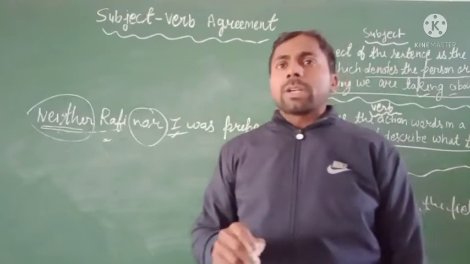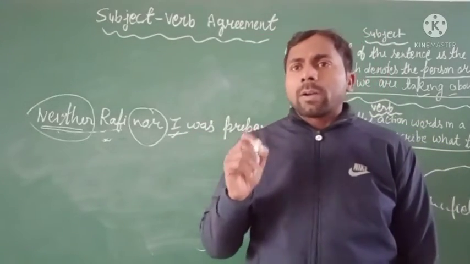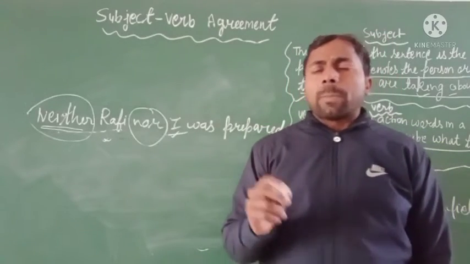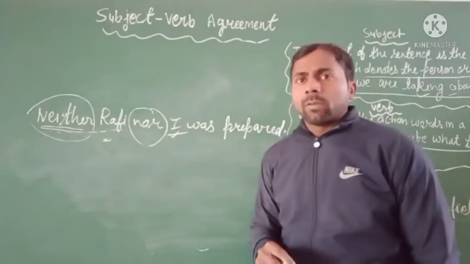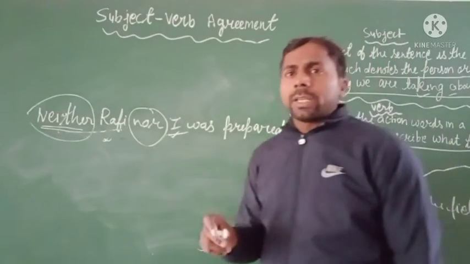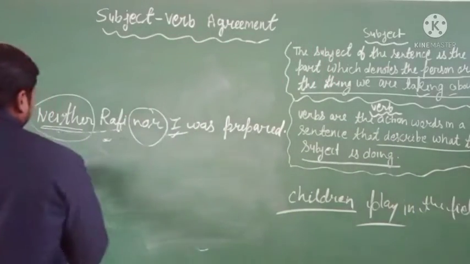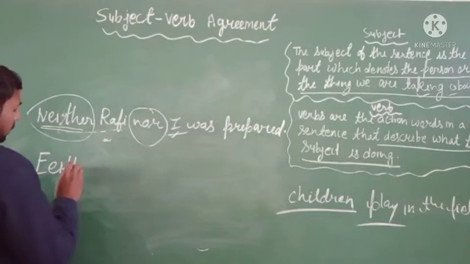But in many conditions, when the subjects joined by or, nor are of different person, the verb agrees in person with the one nearest to it. For example, either he or I am to blame.